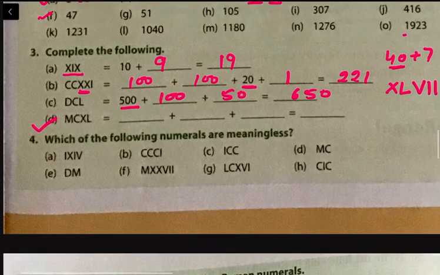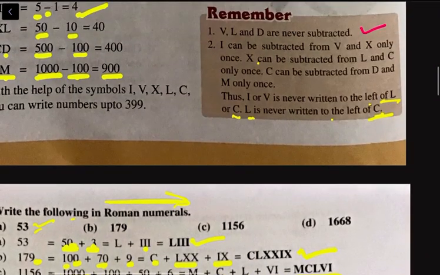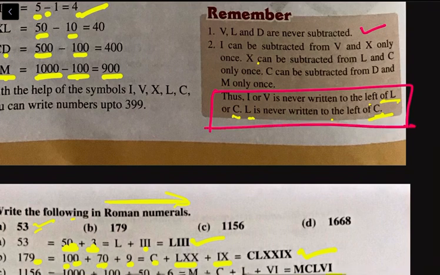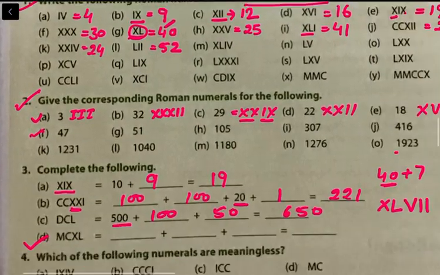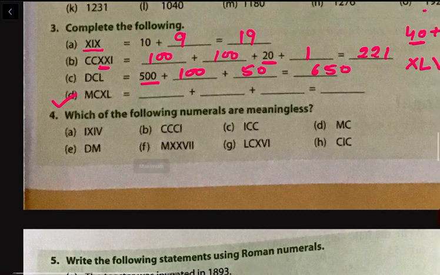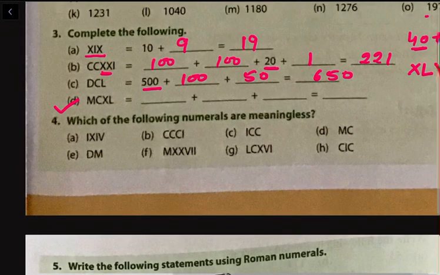This question is based on the rule that I and V are never written to the left of L. We cannot write I and V on the left of L and C. This is meaningless because I is written on the left of C. This is meaningless.